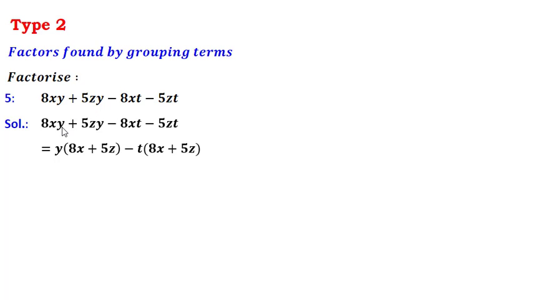After I take y common, (8x + 5z) is remaining, so I write in bracket. In these two terms I can take minus t common. So minus t I have taken common. In bracket I have (8x + 5z). Now (8x + 5z) I can take common. Then y is remaining here, minus t is remaining here. So (8x + 5z)(y - t) are the two factors of 8xy + 5zy - 8xt - 5zt.